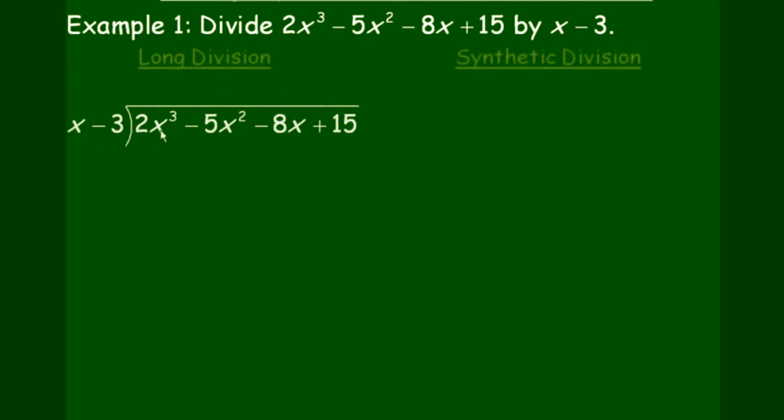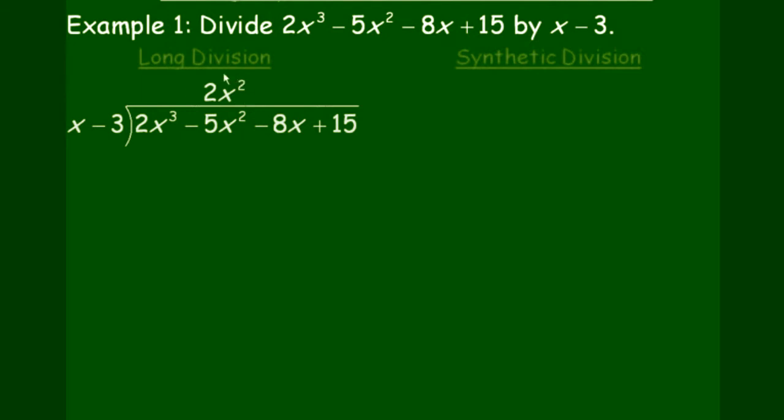So what you do is take x and divide it into 2x cubed, the largest degree term, and 2x cubed divided by x is 2x squared. Remember, you subtract the exponents, 3 minus 1 is 2. Here we put that 2x squared above, over the 2x cubed term.